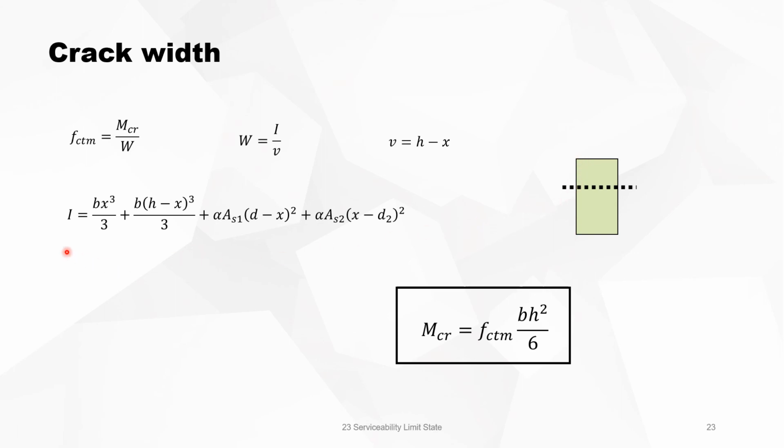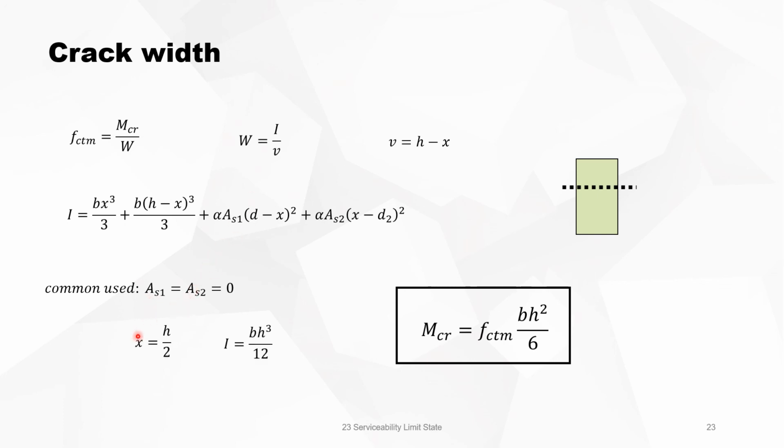We calculate the moment of inertia with the definition of fictive sections. And with this formulation, you can easily calculate the cracking bending moment. Now, to save some time and to have some quick identification, commonly we neglect the contribution of the reinforcement and we say A_s1 and A_s2 are 0.